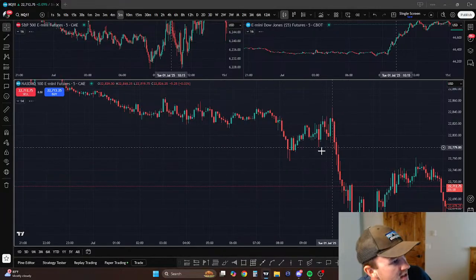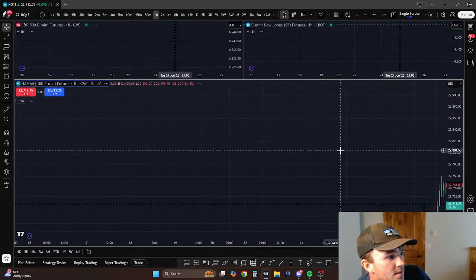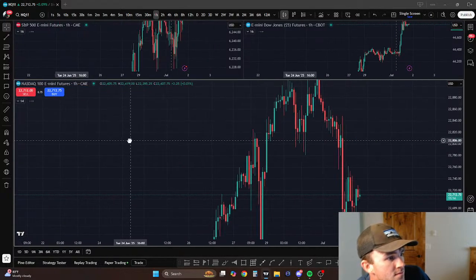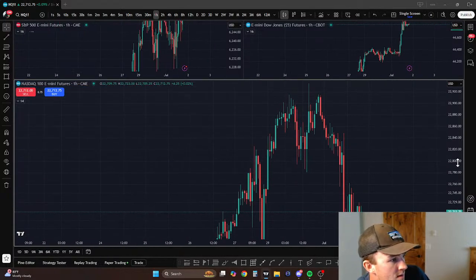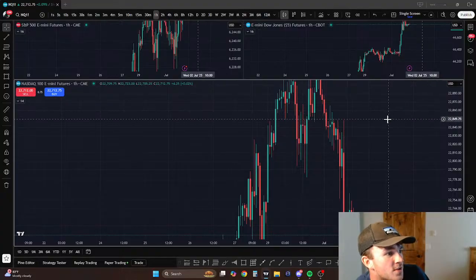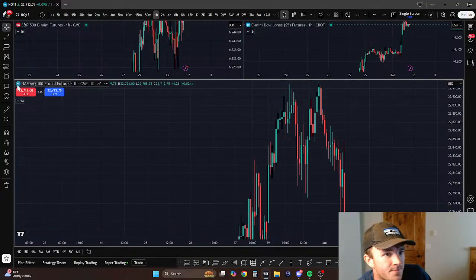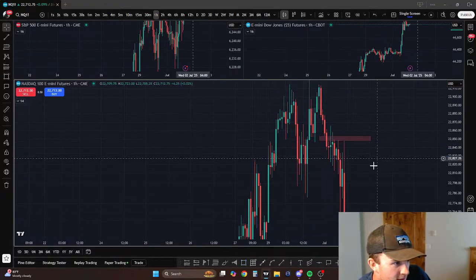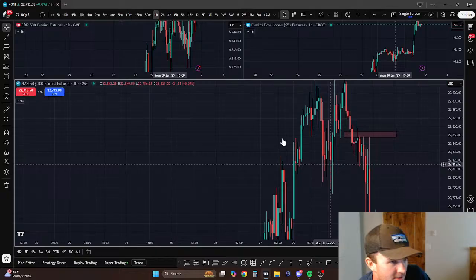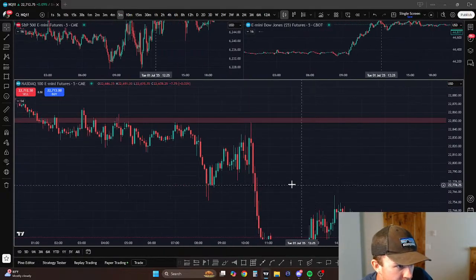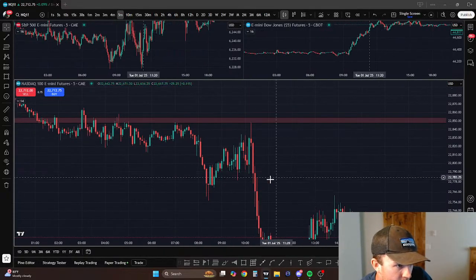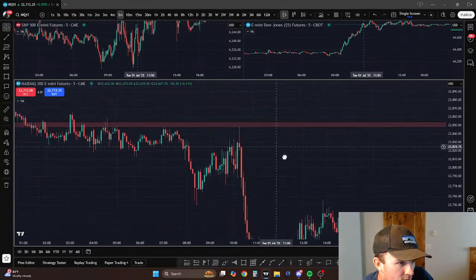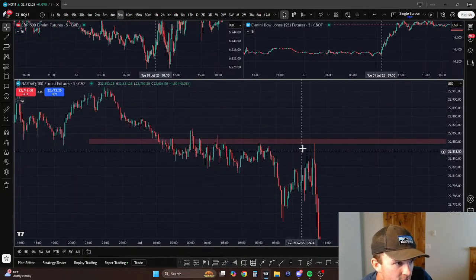Ooh, this is interesting as well. Once you start to realize that these gaps, like this 1 hour gap, stay valid, you start to realize, wow, we just tapped it a third time. And then, ooh, this is really interesting.